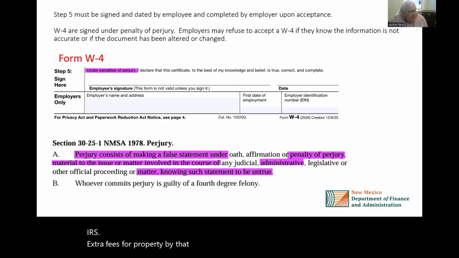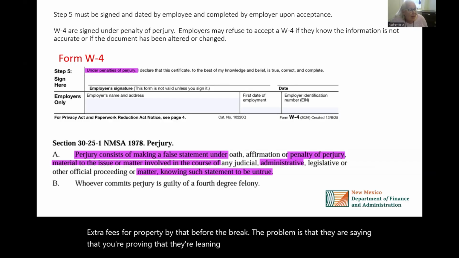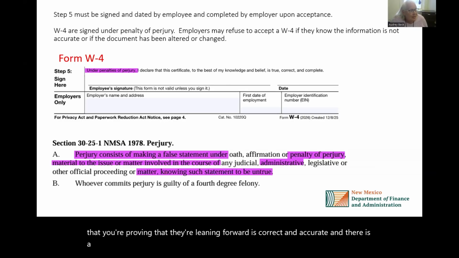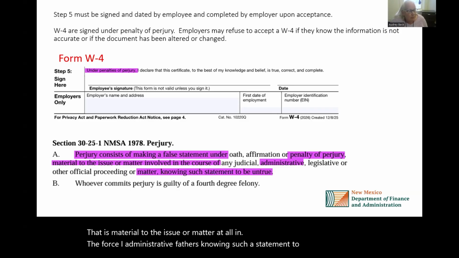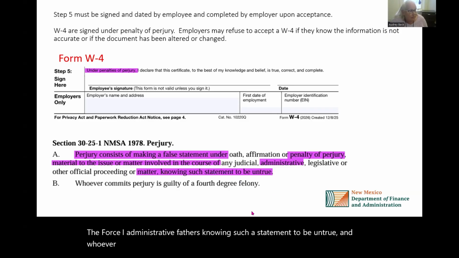The problem is that they are saying under penalty of perjury that their W-4 is correct and accurate. And there is a New Mexico statute that says perjury consists of making a false statement under penalty of perjury that is material to the issue or matter involved in the course of administrative matters, knowing such a statement to be untrue. And whoever commits perjury is guilty of a fourth-degree felony.